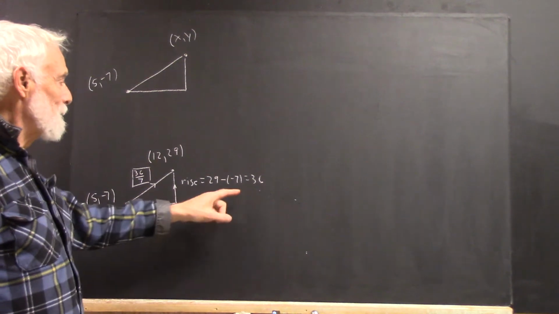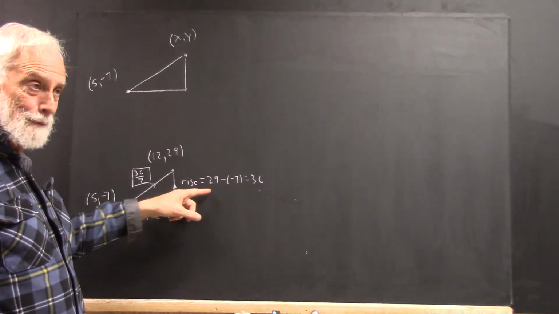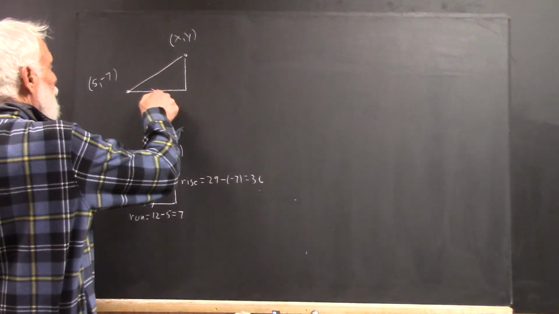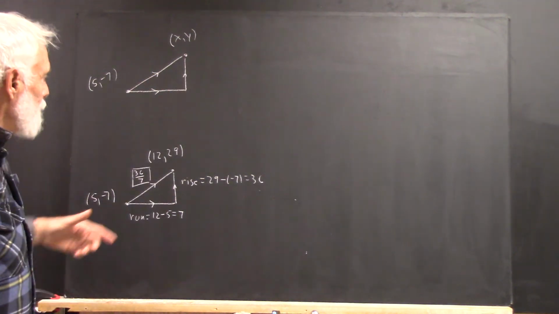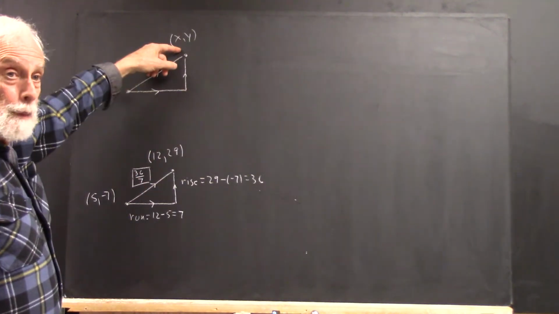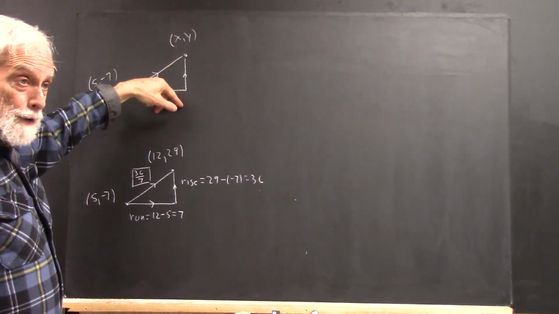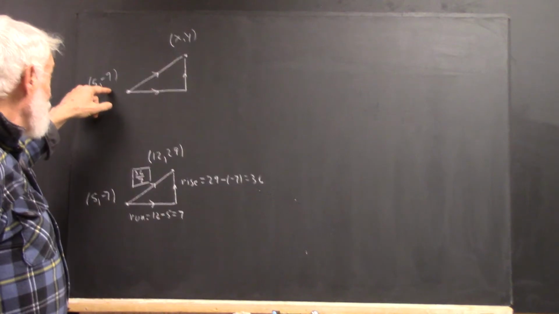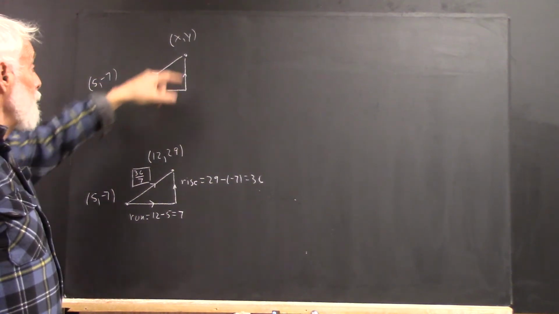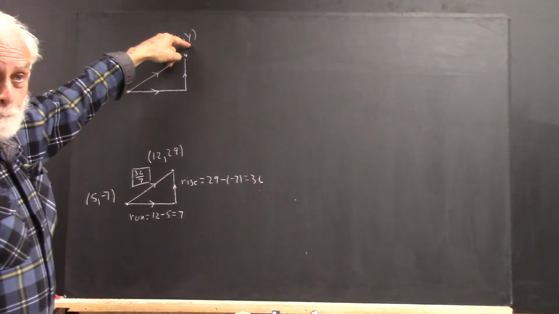Well, you're subtracting where you are from where you're going, right? So you put a couple of arrows in this thing. And the rise is, well, it's the y-coordinate here and the y-coordinate here. So you're starting here and going here, right? Here, you're at y-coordinate -7. Here, you're at y-coordinate y.